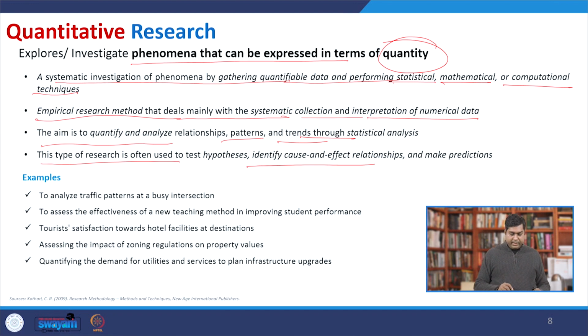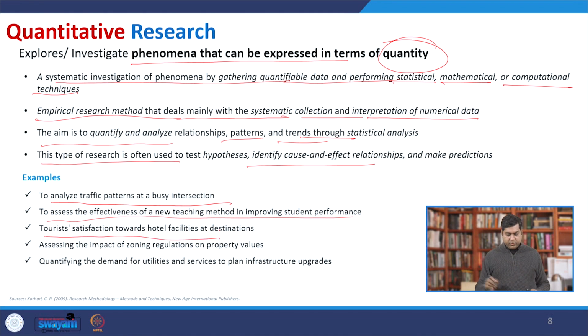For example, these are something already we discussed before, so for this I just quickly go through that. Say for example, to analyze the traffic pattern in a busy intersection, where you go for counting the vehicles; to assess the effectiveness of a new teaching method for improving performance, where you can test before and after applying that particular technique, how students performed in the examination and other things.